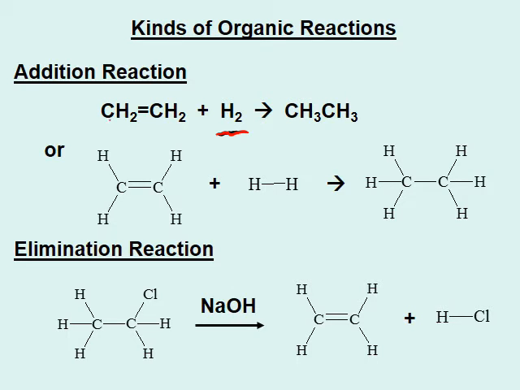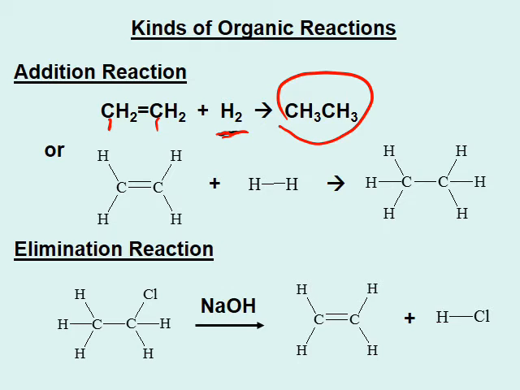So one hydrogen is added here, the other hydrogen is added here, and that's how you end up with CH3CH3. An addition reaction normally takes place on a double bonded or triple bonded compound because they have unsaturation. It doesn't have to be just H2, it could be Cl2, Br2, I2. Those could be addition reactions, or it could be just HCl, HBr, HI, where hydrogen goes to one carbon, Br goes to the other one.